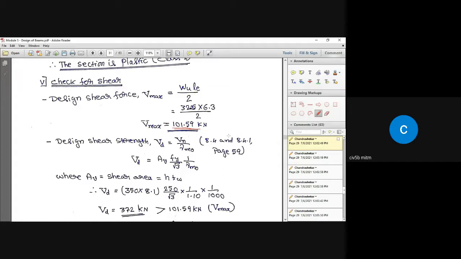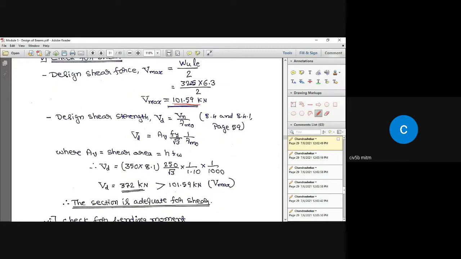Then what is the design shear capacity of the section we have selected? That is VD equal to Vn divided by gamma M0, as given under 8.4 and 8.4.1 on page 59 of the code book. So for Vn, this is Vn. Av is nothing but the shear area.